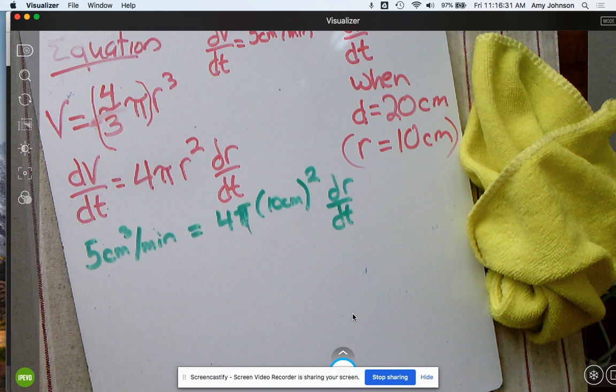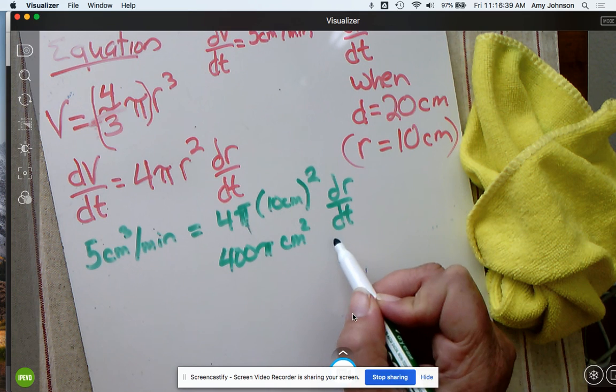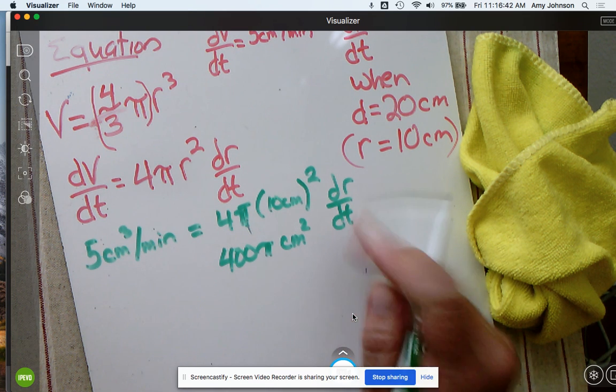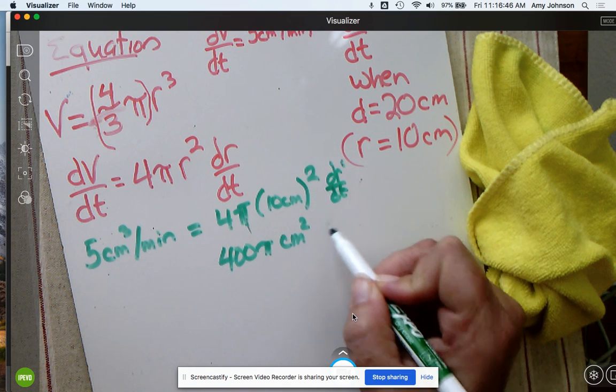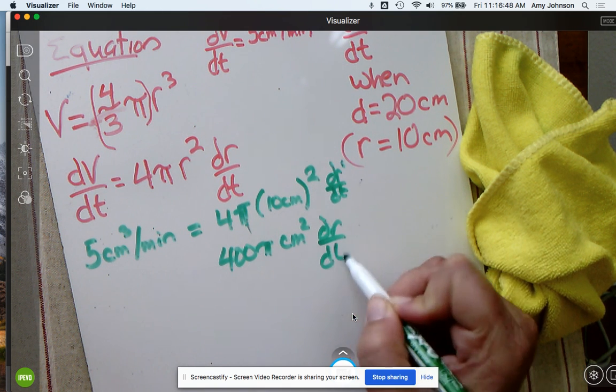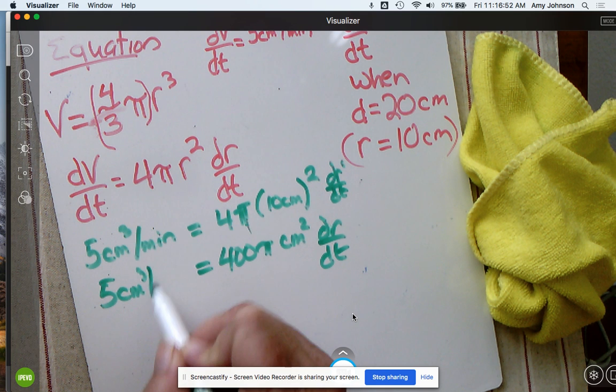So I'm going to go ahead and multiply this out. That gets me 400 pi centimeters squared times dr/dt, equals 5 centimeters cubed per minute.